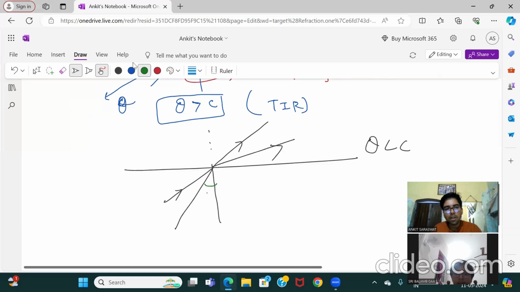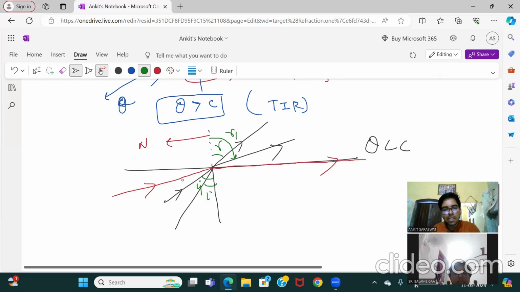For example, this light ray is parallel. I will denote it by red. See, this is the normal. Here the angle of incidence is I. If you increase the angle of incidence, you will see the angle of refraction is also increasing.